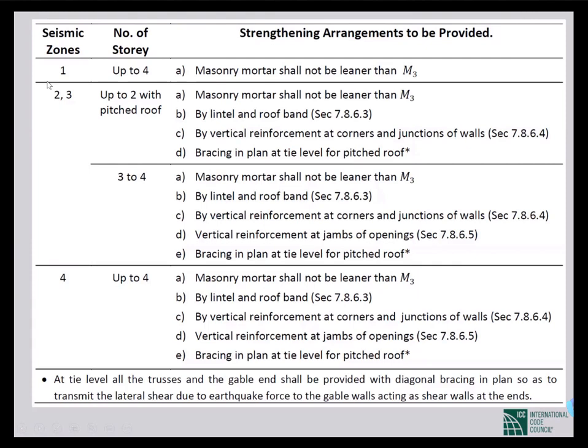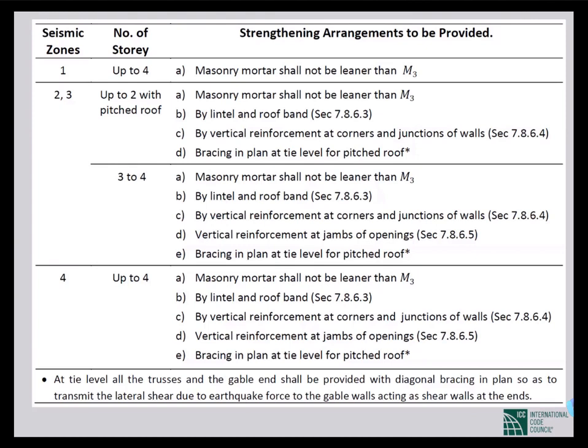What types of materials can we use for strengthening? It will depend on the seismic zone. If the building is in seismic zone 1, 2, 3, or 4, depending on that, and depending on the height of the building, the strengthening arrangements are listed in this table.